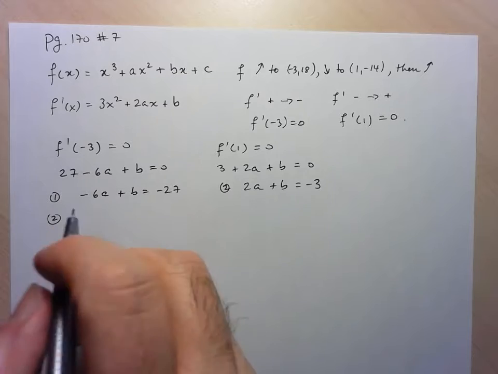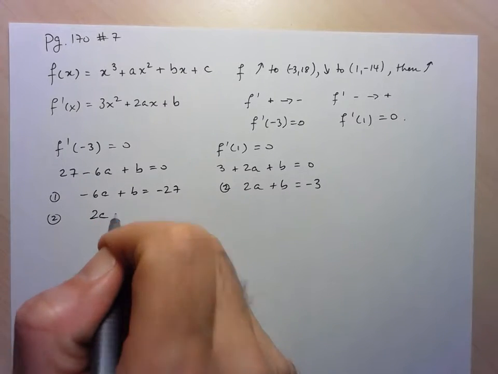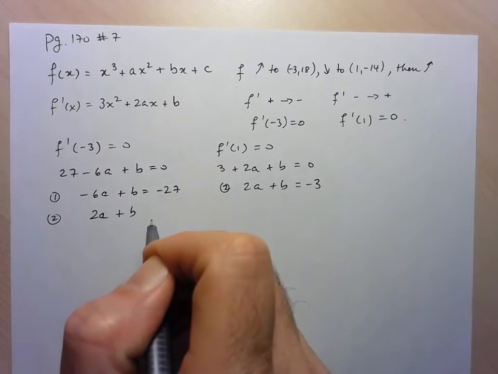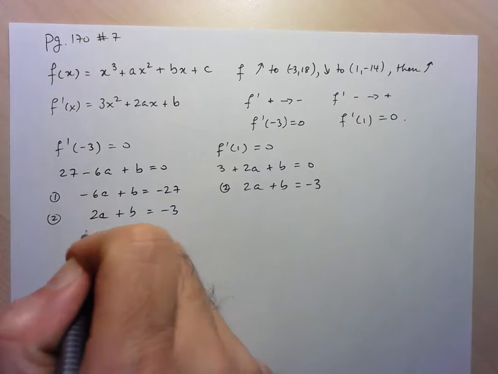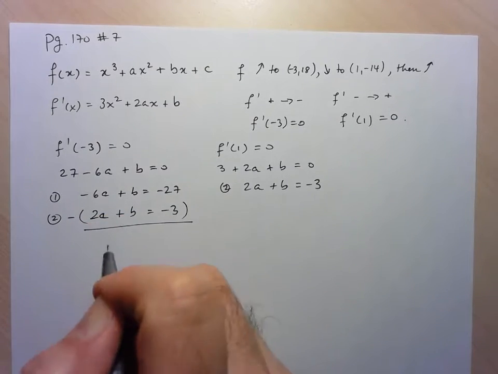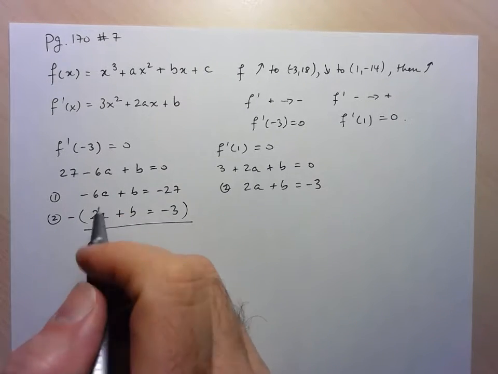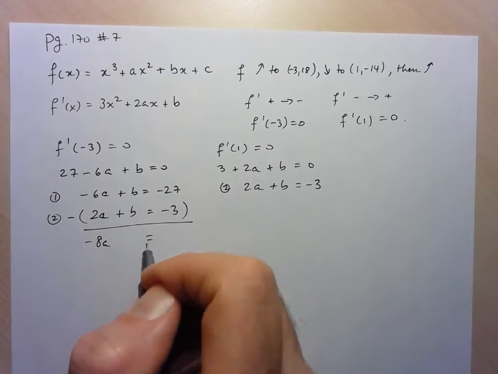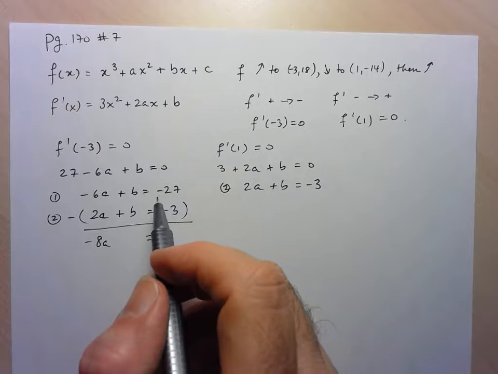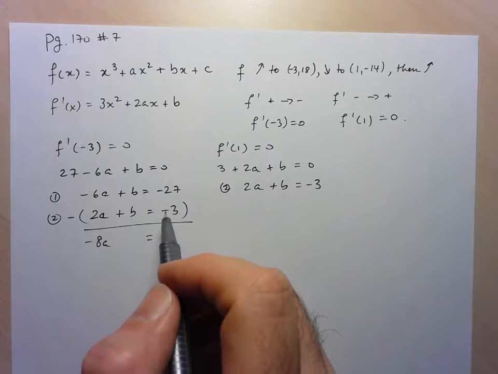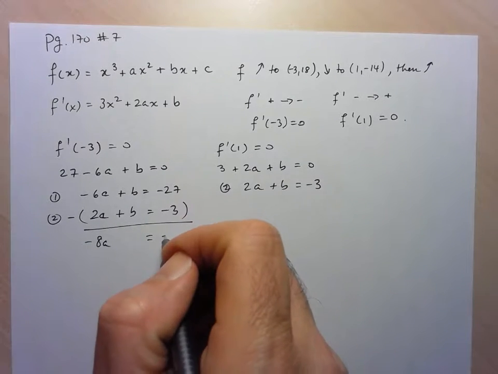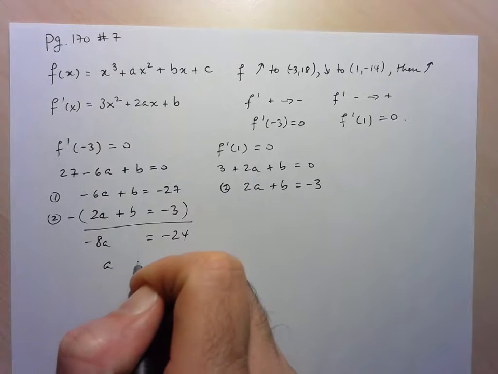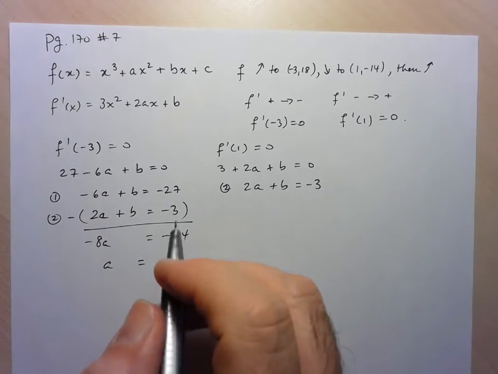So put this underneath: 2a plus b equals -3, and we'll eliminate the b by subtracting. So -6a minus 2a is -8a. The b's are eliminated, and here we have -27 minus -3, so -27 plus 3 is -24, and so a is equal to 3.